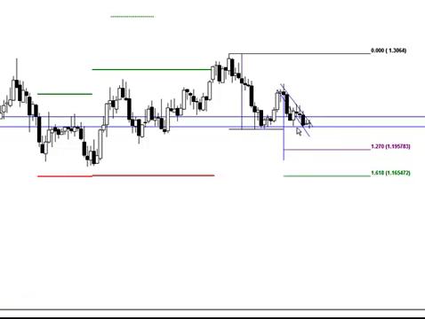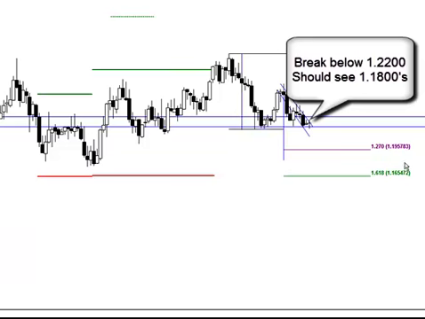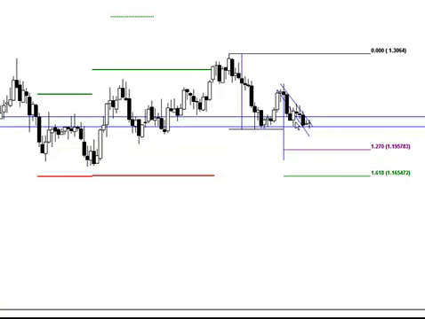So if we get a break below structure here, we're going to look for a termination somewhere around $1.18. All right, so a good 400 pips of potential profit in this move if we do see a break below, close below this $1.22 price point. So keep an eye on that, guys, as you're continuing to trade.